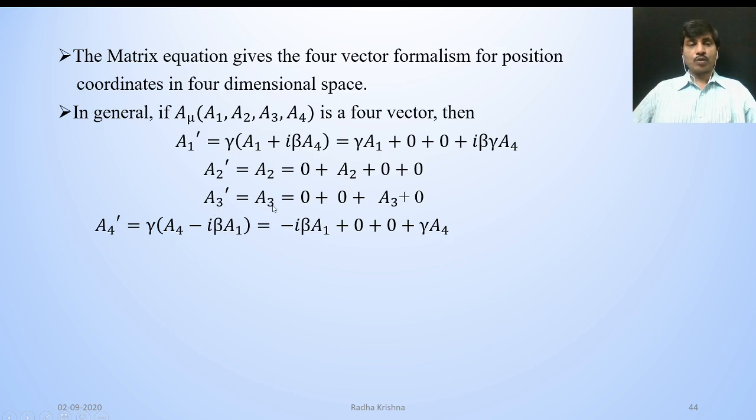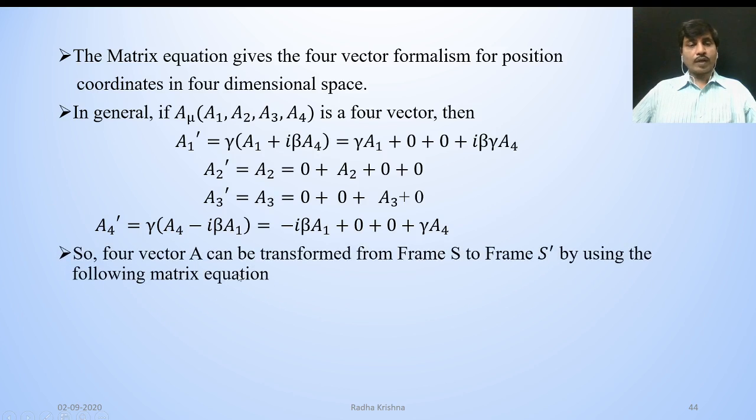A3 dash is equal to A3, that is equal to 0 plus 0 plus A3 plus 0. A4 dash is equal to gamma into A4 minus i beta A1, that is equal to minus i beta A1 plus 0 plus 0 plus gamma A4. That means in 4 dimensional space the vector A mu can also be written as the vector x mu.